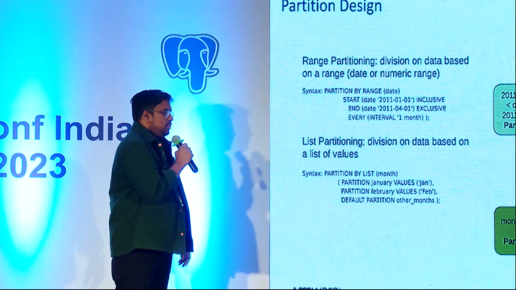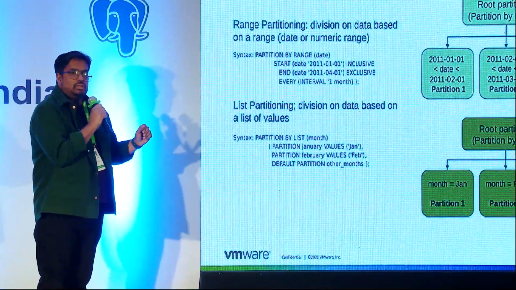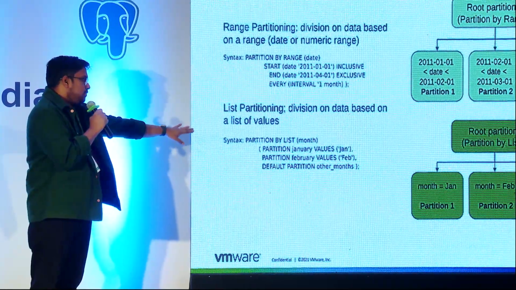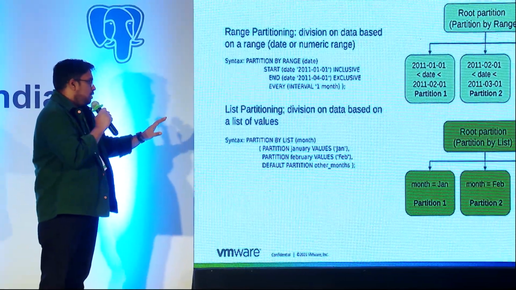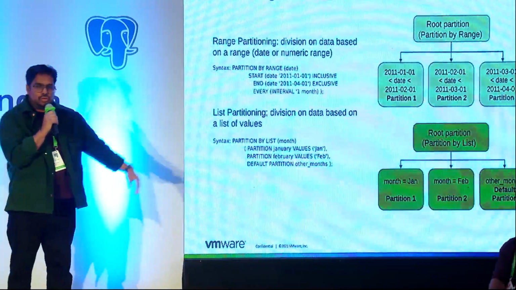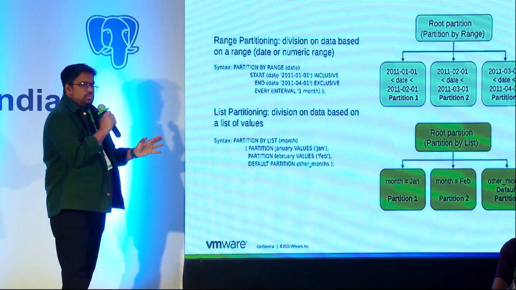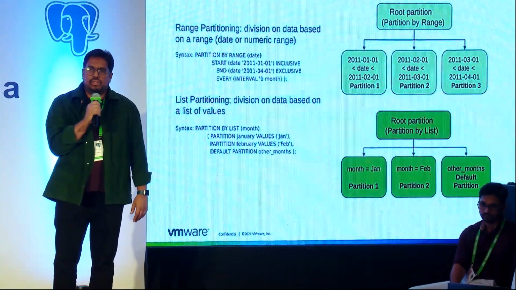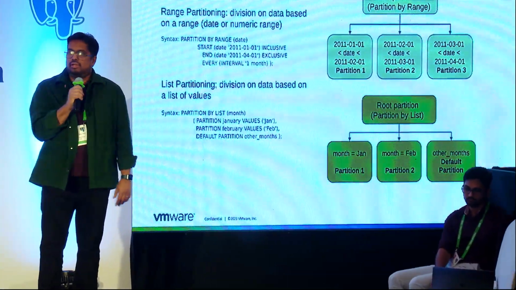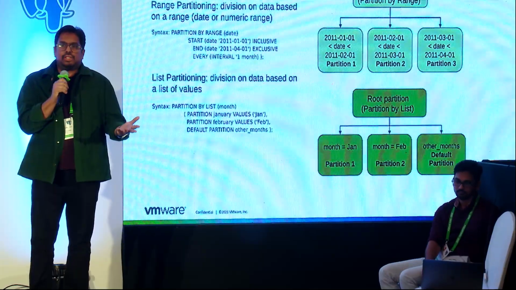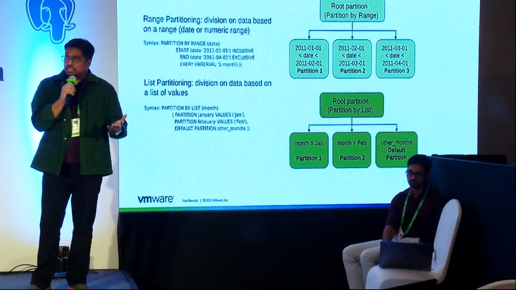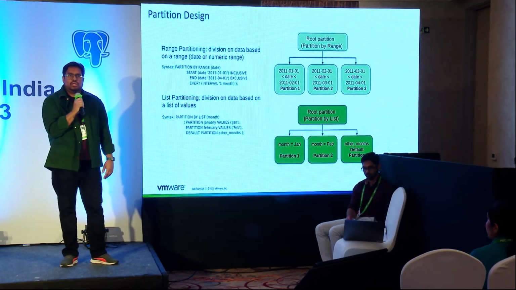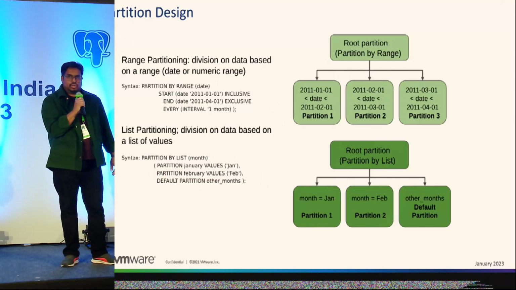If you want, for example, all the data for March to fall in a specific table, you can specify it as a list of the partitions based on your month column. There are various ways to design partitions. It depends on your business logic and on how you want to segregate your data. And when you create queries that run on top of these partitions, it's always good to be aware how these partitions are scaled in your warehousing system.